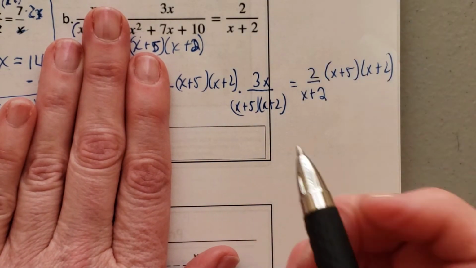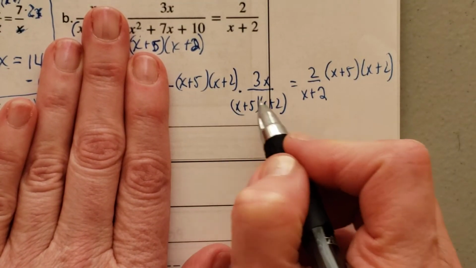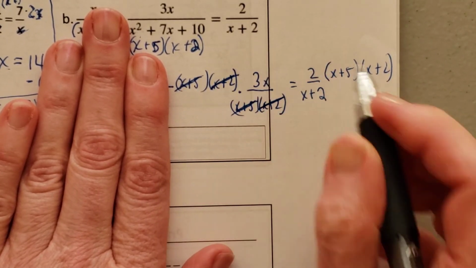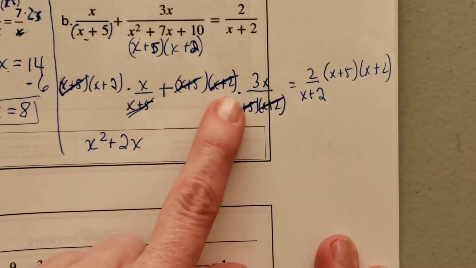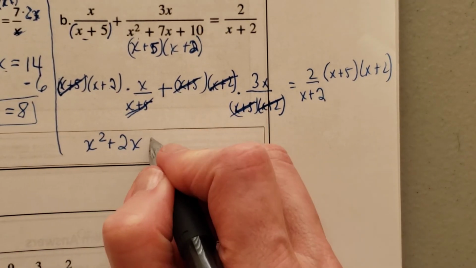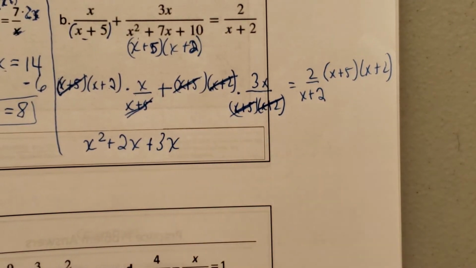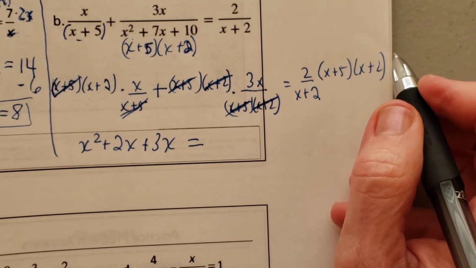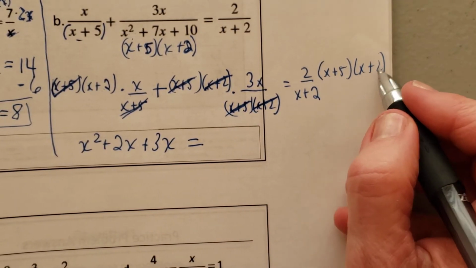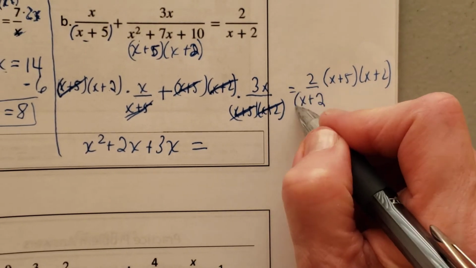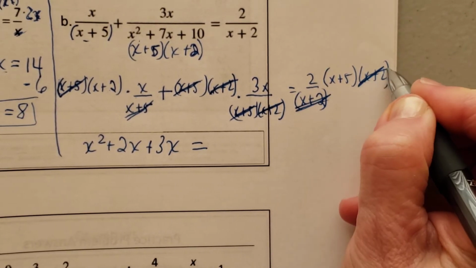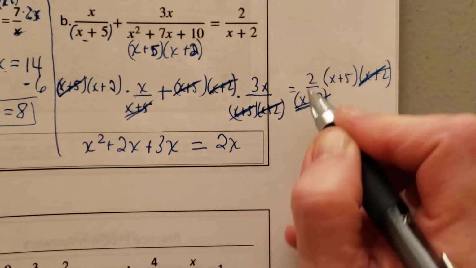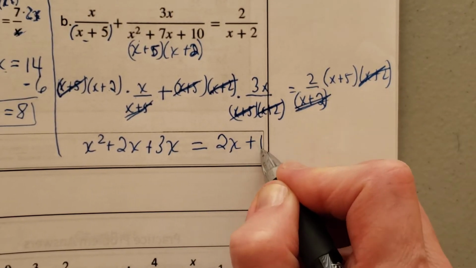Well, what do you notice? These match perfectly. That cancels and that cancels, so all we're left with in this second term is 3x. And then finally, the equation, what can we cancel out? Well, we can cancel out this and this. So now we're going to multiply 2 times x, which is 2x, and 2 times 5, which is 10.